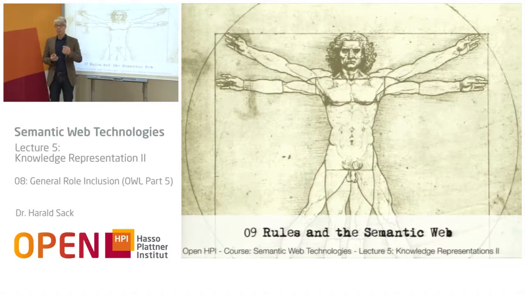This can be expressed with the help of rules. And there, you must be very clever if you combine both rules and OWL to maintain decidability. But we won't go deep into that. What I want to give you in the last part of the lecture is a slight overview of what rules are, how rules are used, and how I can combine rules with the already known semantic web technology.